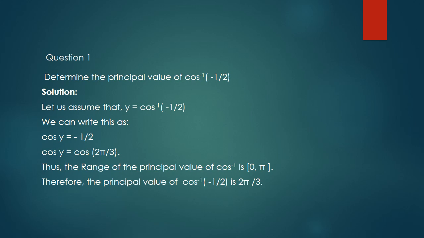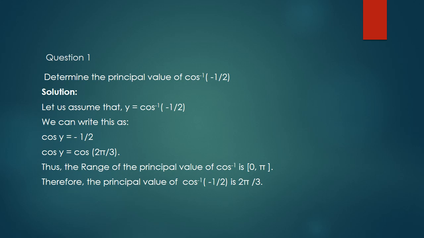For the solution, first of all we will assume y is equal to cos inverse of minus 1 by 2, which can be written as cos y is equal to minus 1 by 2. Now we know that minus 1 by 2 is the value of cos 2 pi by 3. So cos y will be equal to cos 2 pi by 3.